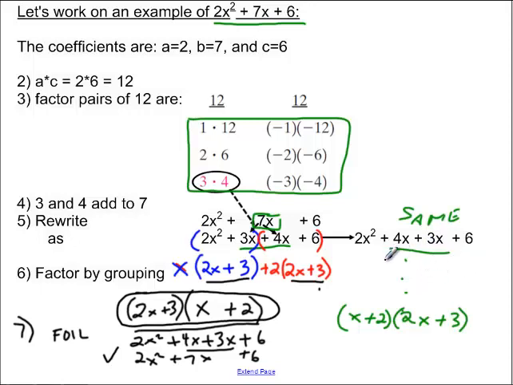Essentially, this green factorization is the same as this green factorization because of the commutative property of multiplication. 2x plus 3 in the front, multiplied by x plus 2 in the back, is the same as 2x plus 3 in the back, multiplied by x plus 2. So it doesn't matter where you put the 3x and the 4x versus 4x and 3x, even if they're negative. As long as you factor correctly, you'll get to the same spot.